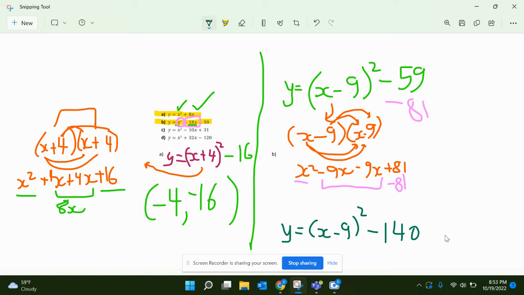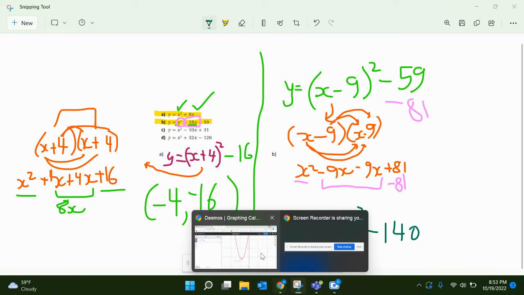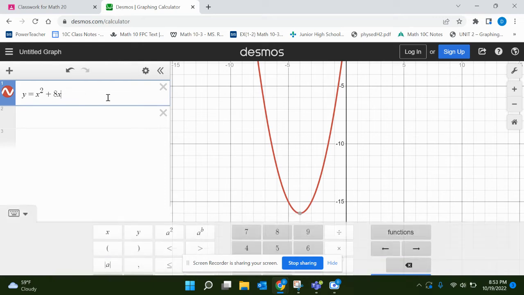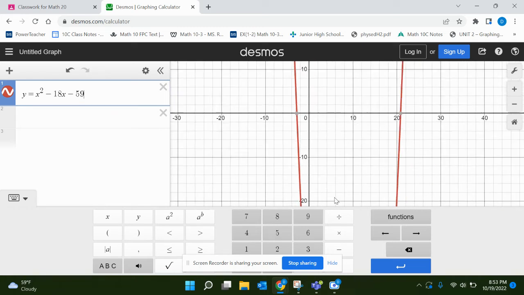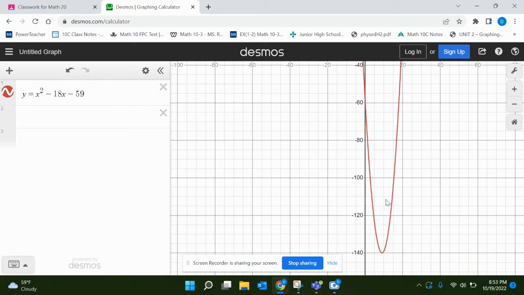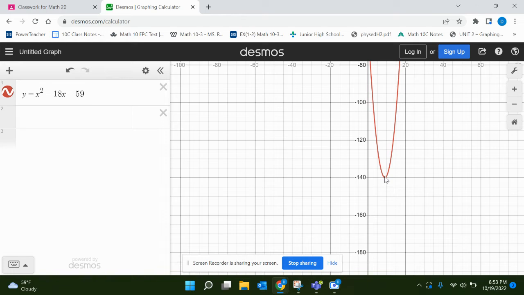Okay, and we can check that function again. x squared minus 18x minus 59. If we go into handy dandy Desmos, x squared minus 18x minus 59. Okay, we zoom way out because we're way down here this time. There it is, 9 and minus 140.